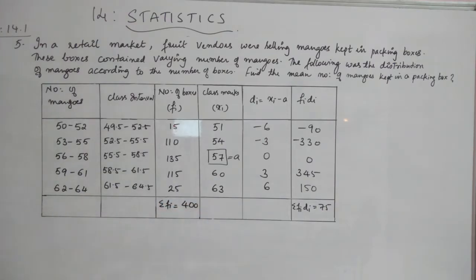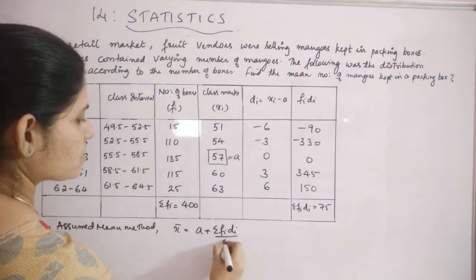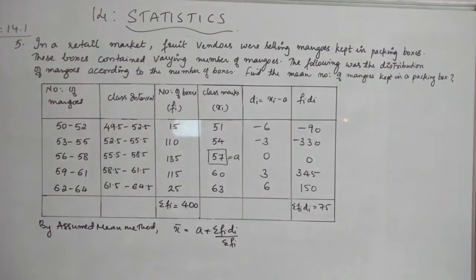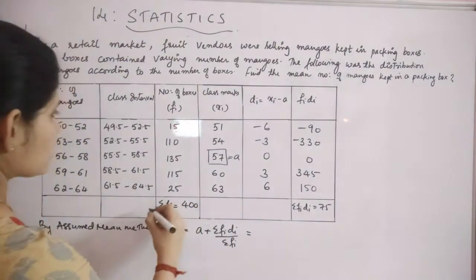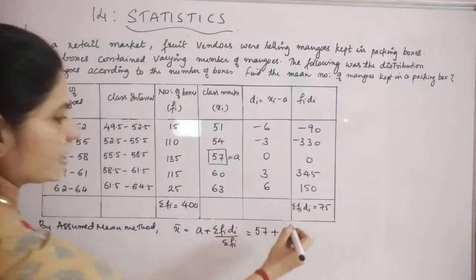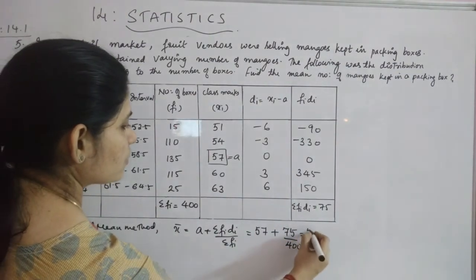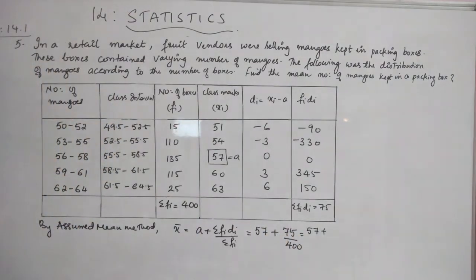Now we will calculate the mean by the assumed mean method. By assumed mean method, x bar is equal to A plus sigma FiDi divided by sigma Fi. A is what you have taken, 57, plus sigma FiDi is 75 divided by 400, which will give you 57 plus 75 by 400.